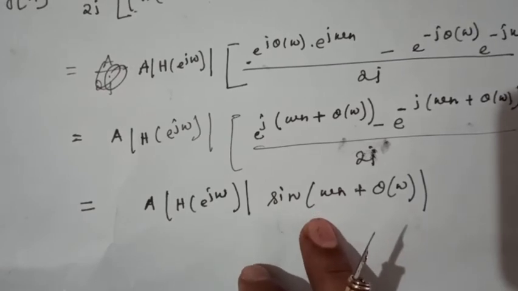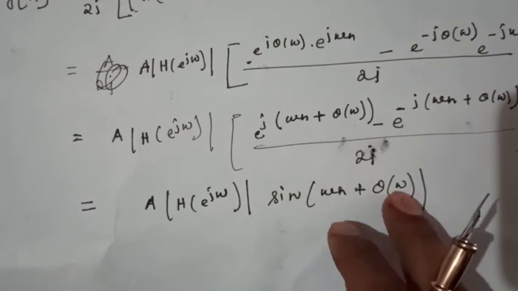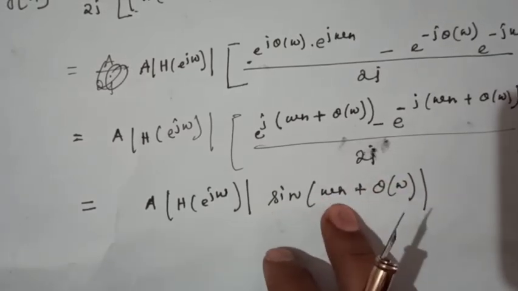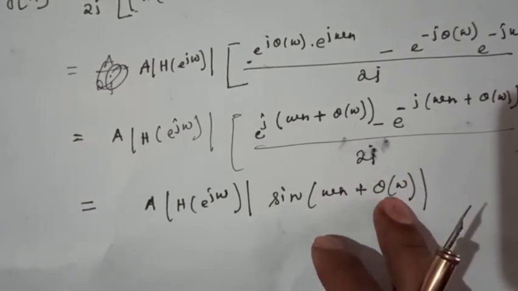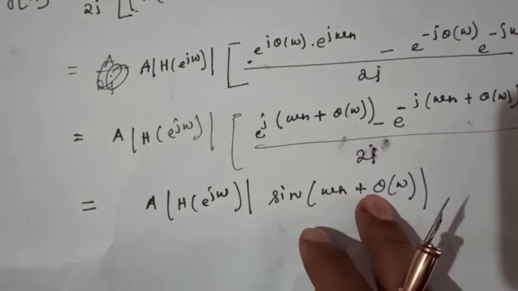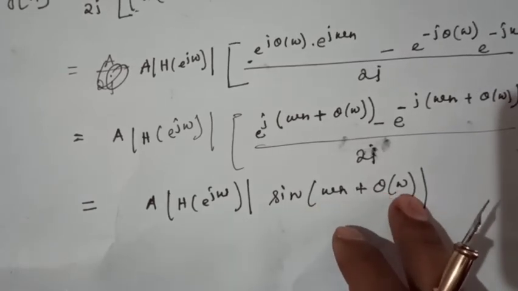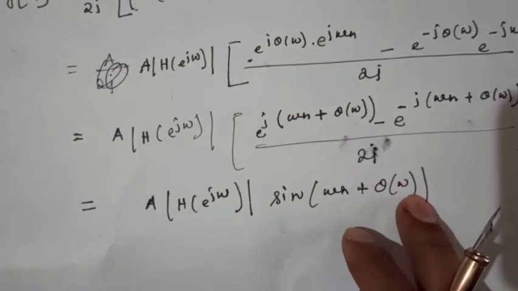But it is lagging by a phase angle of theta omega. So you see it is sine of omega n plus theta omega. It is the same sine, but lagging behind by a phase angle of theta omega.